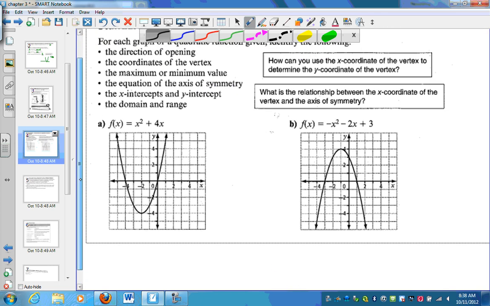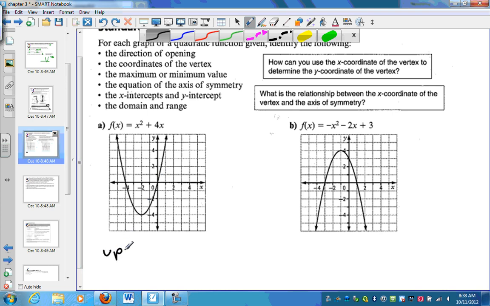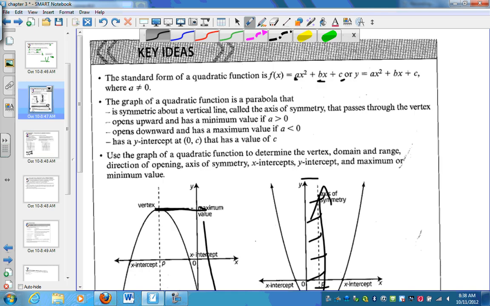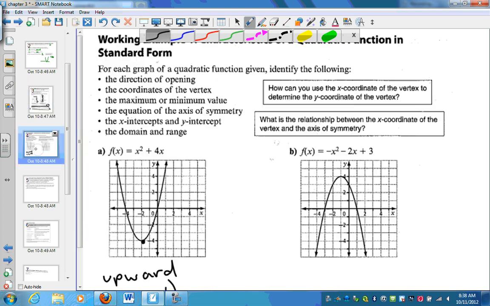Okay, let's do this first one here. So the direction of opening, this is obviously upwards. Now the vertex. We can get its vertex from the graph right here, so it's (-2, -4). The other way we could get the vertex we learned about here. The x-coordinate of the vertex is negative b over 2a.